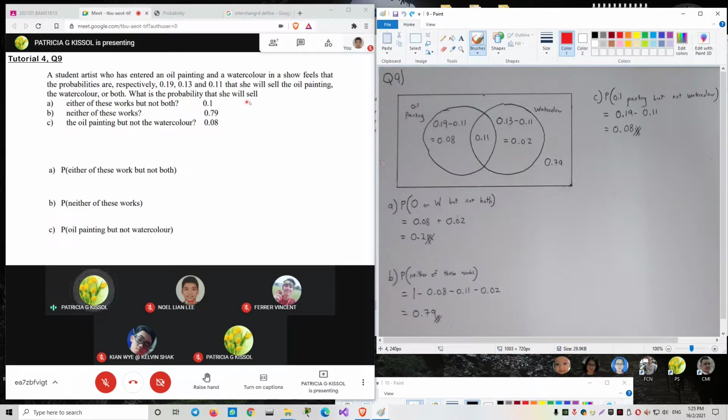What is the probability that she will sell either of these works but not both? Here are the answers as a guideline for you.